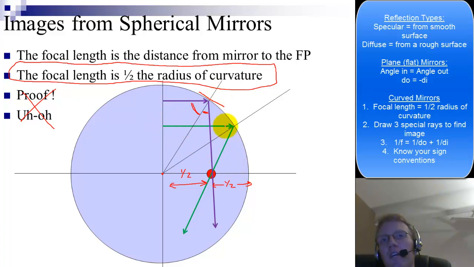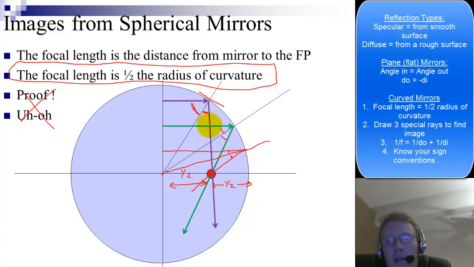This green ray here, the angle in and the angle out are pretty close to each other. And so it's a good approximation. If I had done a ray down here, angle in, angle out, and drawn this normal line, then these two angles are very, very close. So the closer you are to this optical axis, the more accurate they will come out through the focal point.